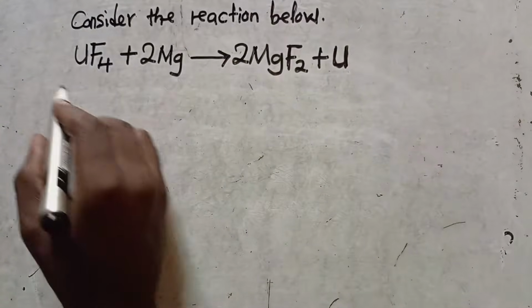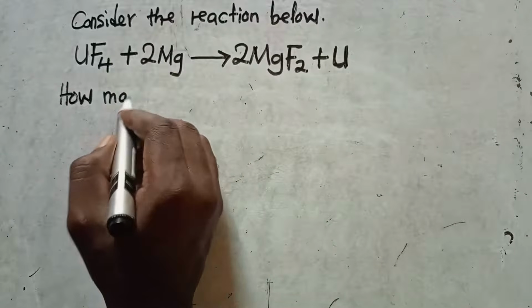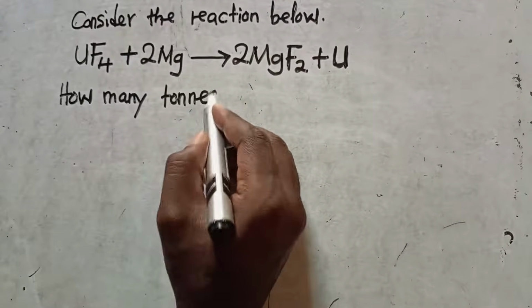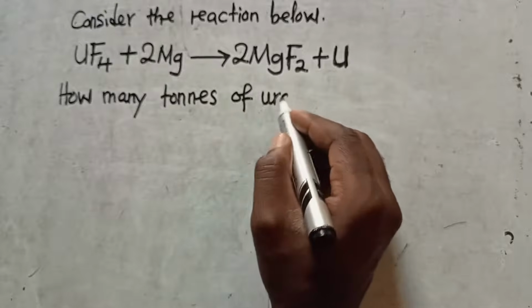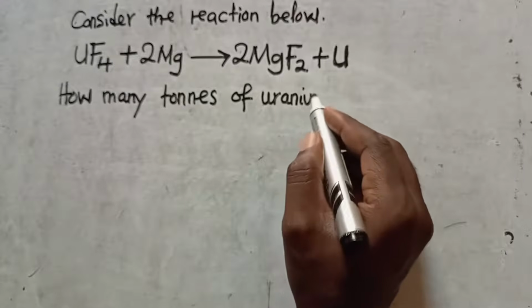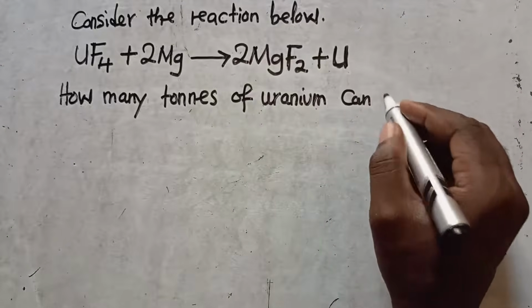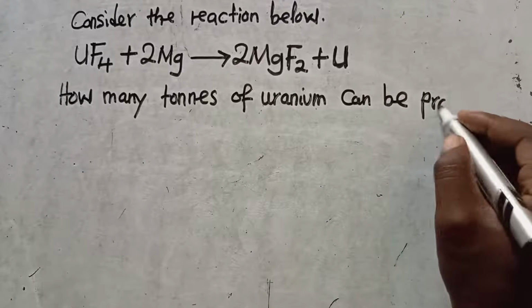Then they are telling you to say how many tons. Some of you can even be confused. How come tons? How many tons of uranium can be produced in the above reaction using 24 tons of magnesium? Even as I'm writing down, you're also writing down.